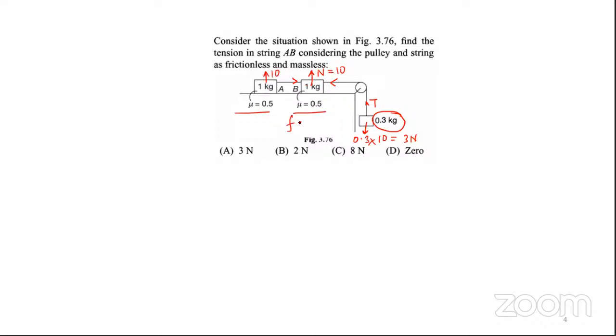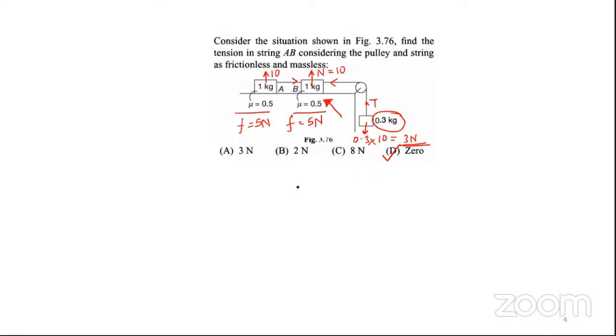So my friction will be mu N, which will be 5 newton and 5 newton. So for acceleration equals 0, my frictional force is much greater than the external mg force which is required for the motion. So everything will remain at rest, and for this first body, the friction provided by this is sufficient to stop the motion, so no tension will be applicable on the AB part. So my answer will be 0.